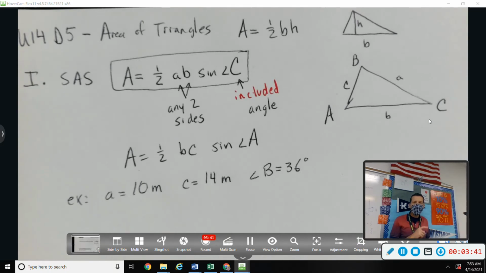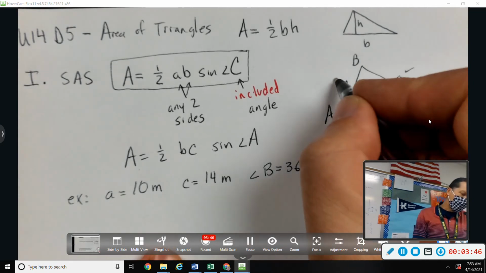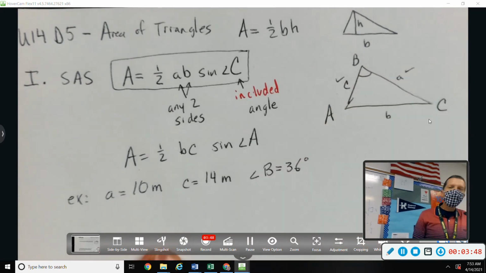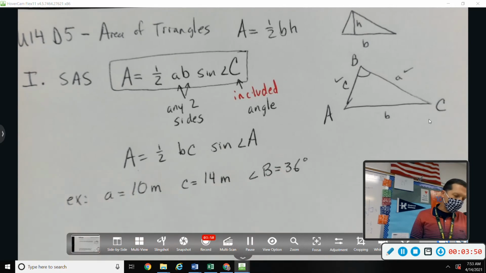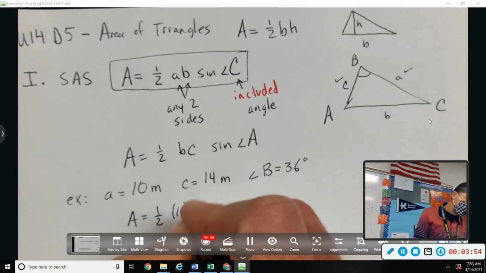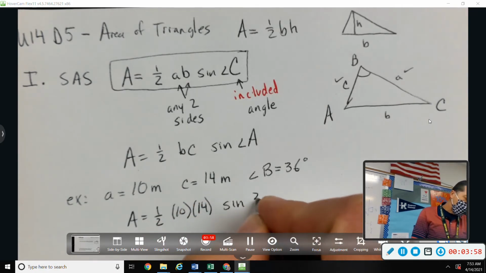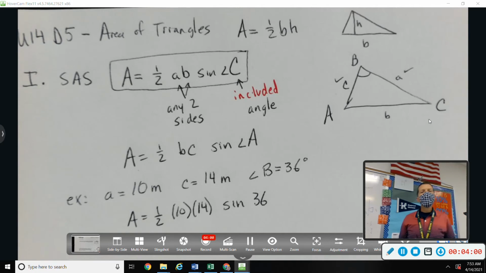Yeah, it doesn't match either of the previous 2, but if I know side A and side C, then I better have angle B as the included angle, and that's exactly what we've got. So 1/2 times the 2 sides times the sine of the included angle. Again, don't get hung up on AB, C, BC, A, AC. Don't worry about that. Any 2 sides as long as you have the included angle.